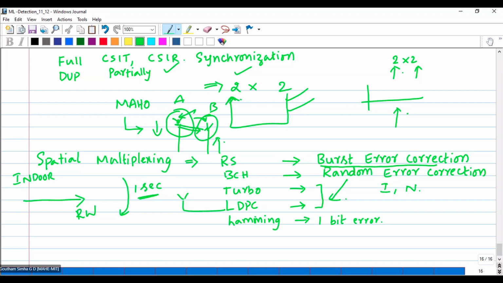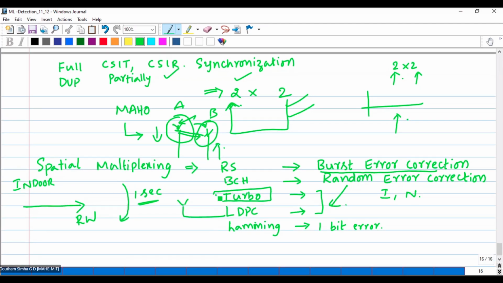It uses some turbo or LDPC code. Definitely not LDPC in every handset, but it uses turbo code. There is one advantage of this turbo code, because dynamic rate changing is possible with this convolution turbo code. Now, suppose you are transmitting data at, let's say, a 2/3 rate code.